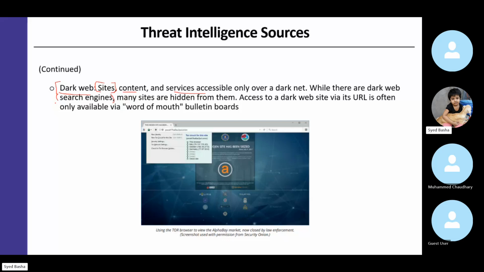You have proof that you ordered something from Amazon: bank transactions, the payment receipt, and everything. But on the dark web, things are available, many things which I don't even want to mention, but it's not certain who is running what. Everything is masked.